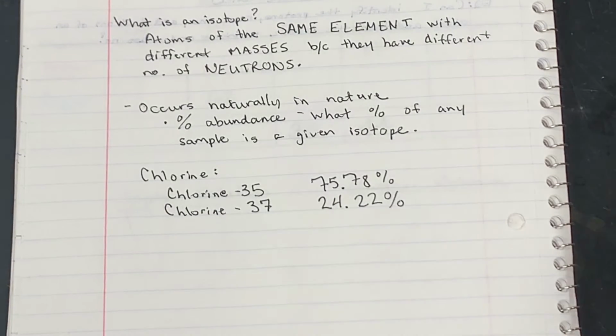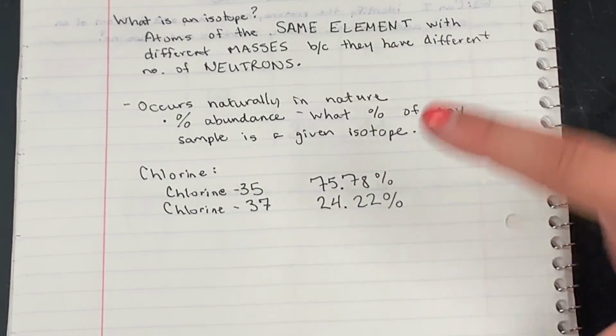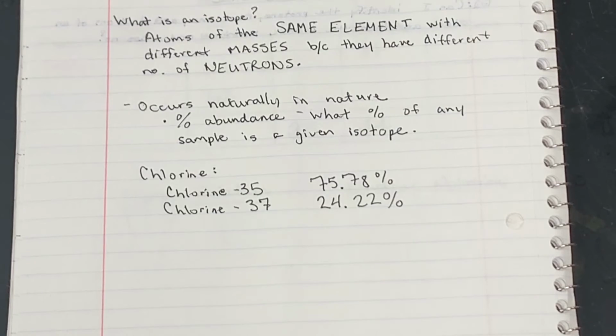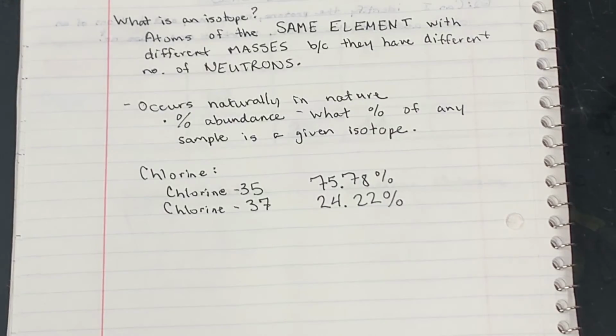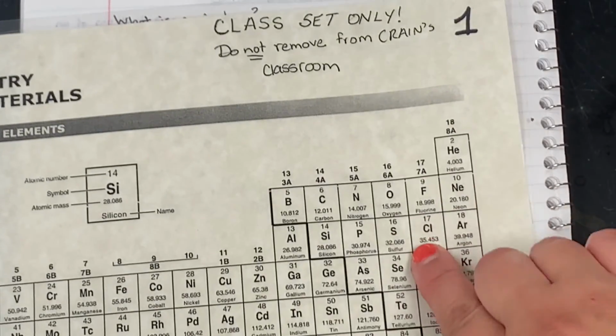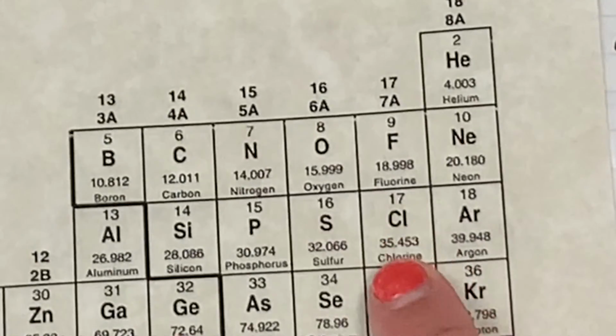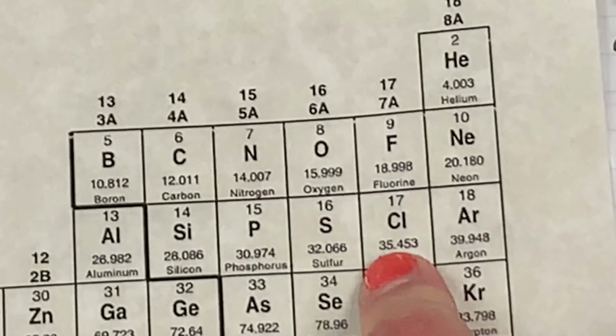Also, these numbers are not terribly useful because when I take a sample of chlorine, it's going to have both in there. And so what I really need to know is the mass of the sample I take. And that, ladies and gentlemen, is the information that's on here. You'll notice that chlorine, let me zoom that in just a bit, is 35.453.